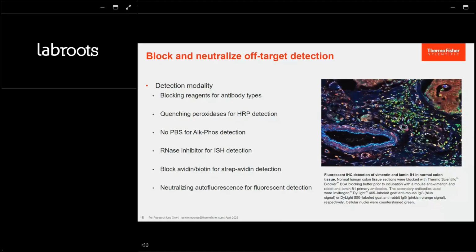The phosphatase and the PBS means that you can't really get good signal. Another thing to consider is if you're detecting any kind of nucleotides like RNA or DNA, you might want to include some kind of RNase or DNase inhibitor so that the biomarker you're trying to detect isn't being degraded while you're trying to detect it.